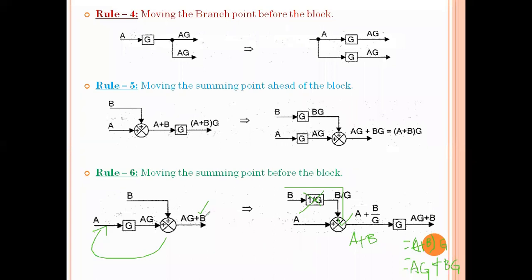The output is AG plus B, but what are we getting? We are getting AG plus BG. So we need to eliminate this G here. How can we do it?